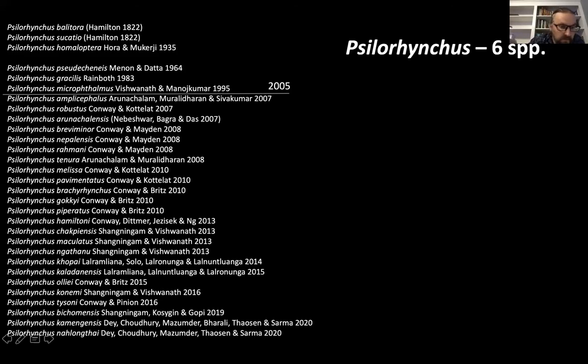This might not be all the species. I'm sure there's many more to be discovered and described, but I just did not expect this diversity when I started working on the group. I was lucky to describe a number of these new species, but many others have also described a number of these new species.